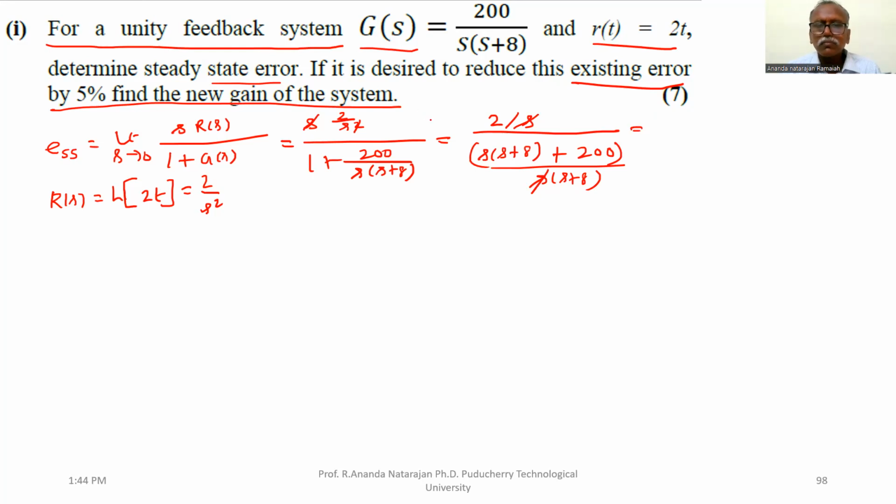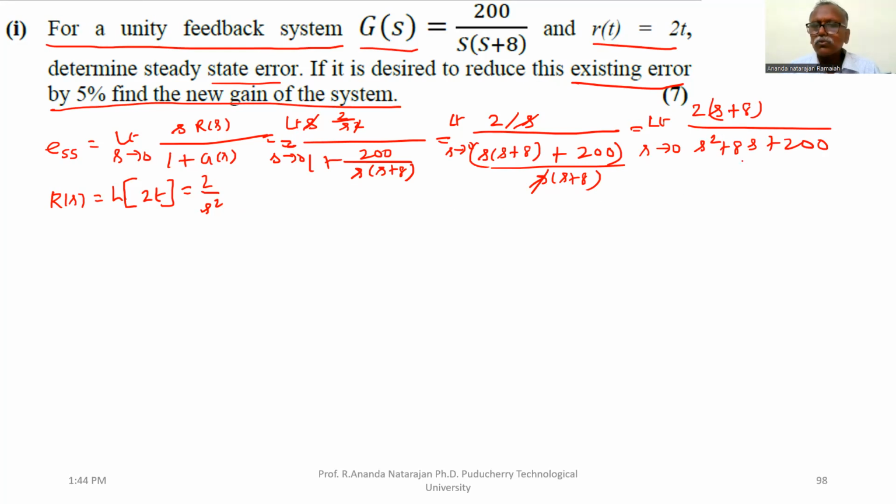That is limit s tends to 0 of (s plus 8) multiplied by 2, whole divided by s square plus 8s plus 200.